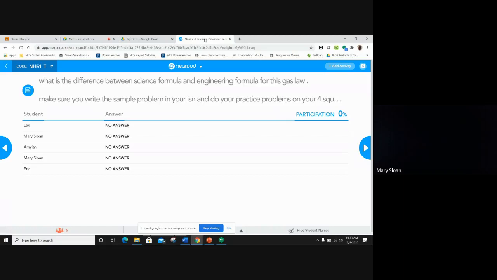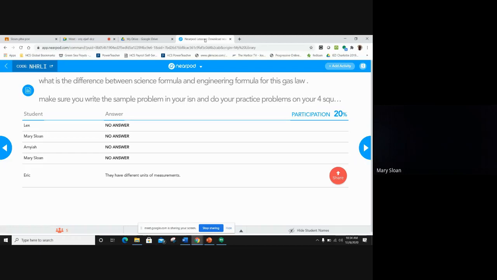Type in what you think the difference is and hit enter. The one that we just did, was that science or engineering? The first one we did was science, and then we changed it to the engineering. So the science one is on the Foursquare, and the engineering one was on the PowerPoint.